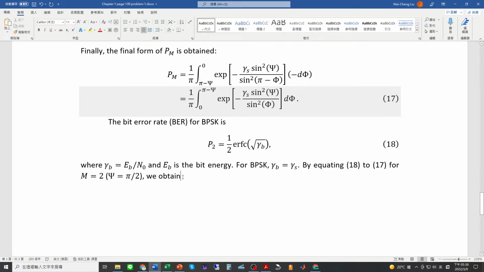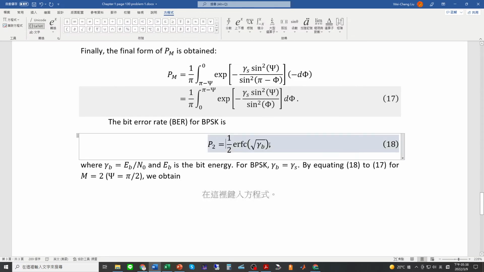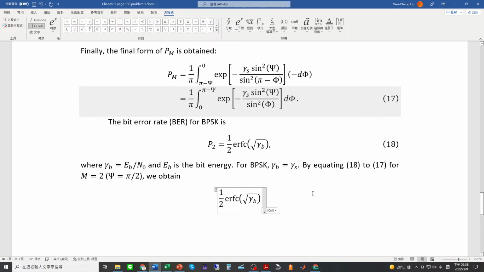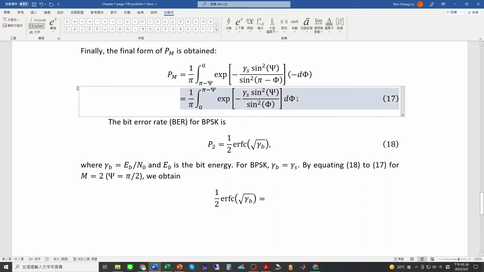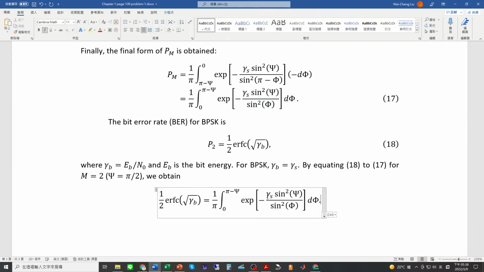Okay, we obtain 1 over 2 ERFC of the square root of gamma B is equal to 1 over pi times the integral from 0 to pi minus psi. Now psi is equal to pi over 2.